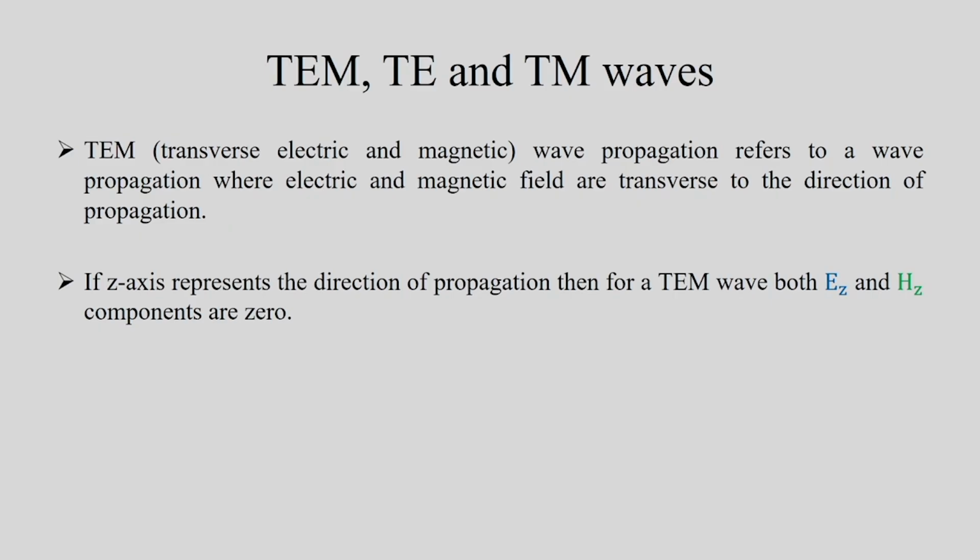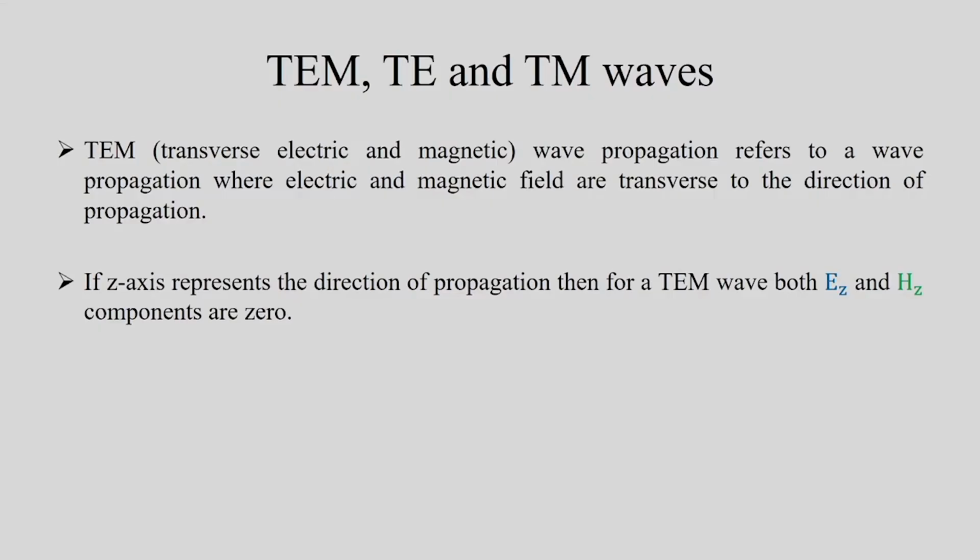So, the electric and magnetic field will be confined on the xy plane and may have Ex, Ey or Hx, Hy component. For example, if we consider a coaxial transmission line, there the propagation mode is TEM. We have E rho component and H phi component, and there is no Ez or Hz component.